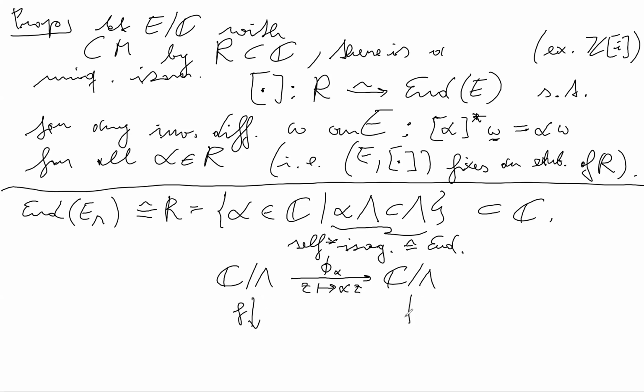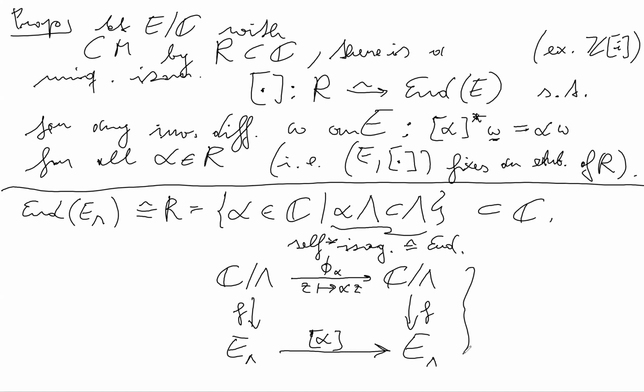And then you have this function f, which we saw earlier, our isomorphism from C mod lambda into the elliptic curve. Now you consider this alpha and send it to this endomorphism, alpha in brackets, and you want to make this diagram commute.